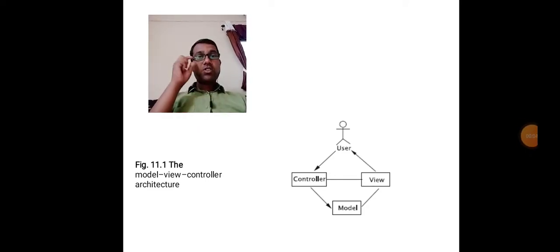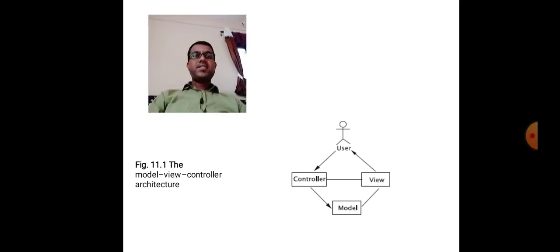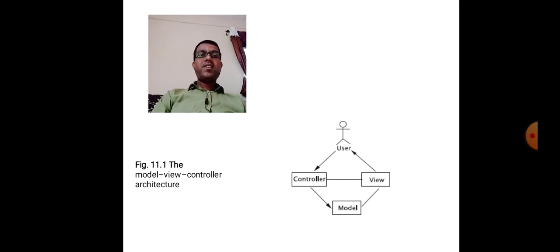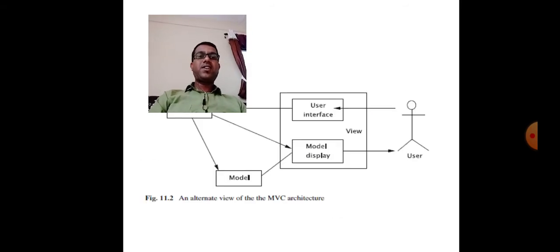Today we have to discuss MVC architecture, that is model view controller architecture. It is called MVC. M stands for model, V stands for view, and C stands for controller.